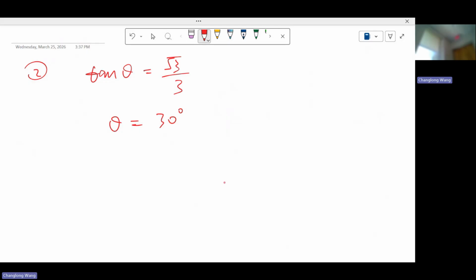The trick is to add multiples of 180, because the period of tangent is 180, whereas sine and cosine are 360. And n, guess what the n is? 0, plus or minus 1, plus or minus 2, and so on. It's the same as before, and that's it.